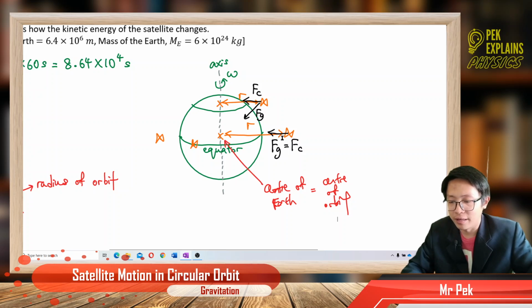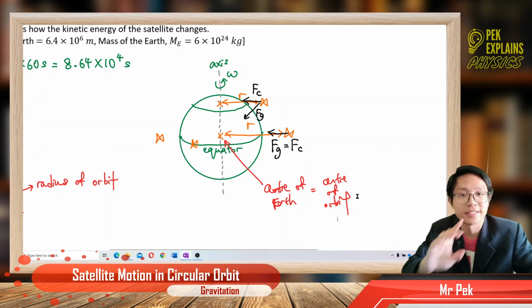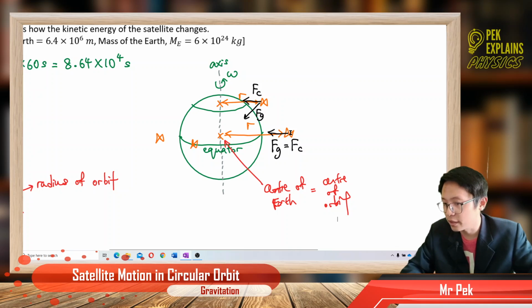So we know gravitational force is towards the center of Earth, and centripetal force is also towards the center of orbit. If Earth and orbit share the same center, then the gravitational force is equal to centripetal force.